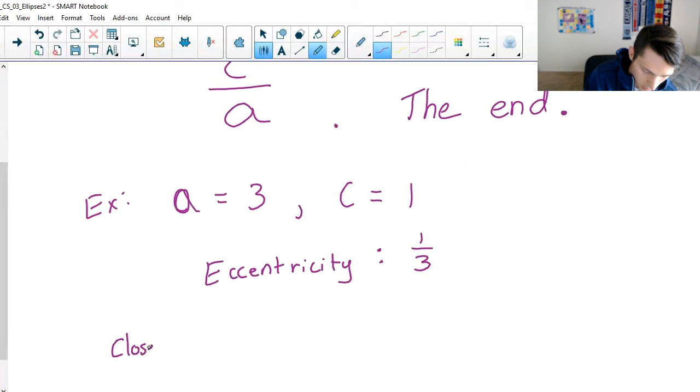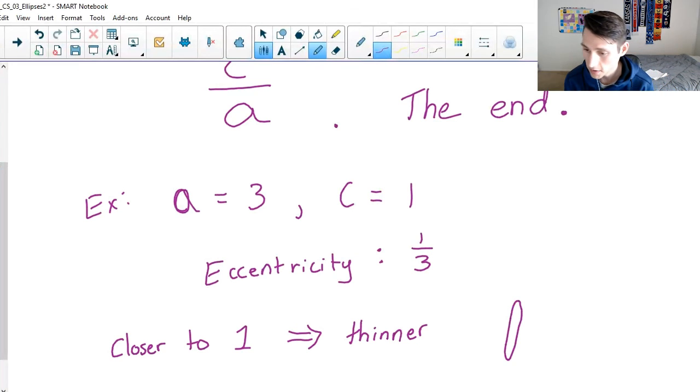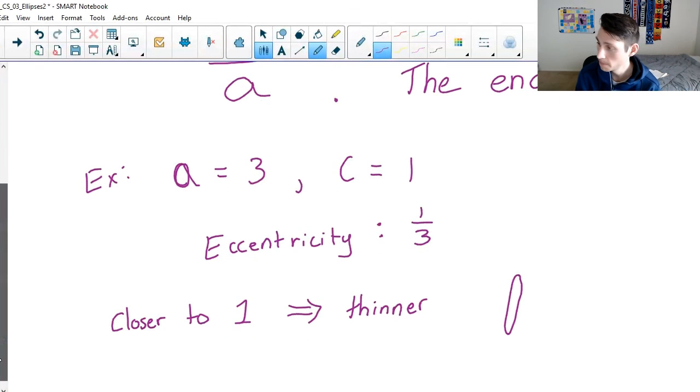The closer to 1, then the thinner the ellipse will be. Okay, so something like this. A very thin ellipse would have a high eccentricity, closer to 1.